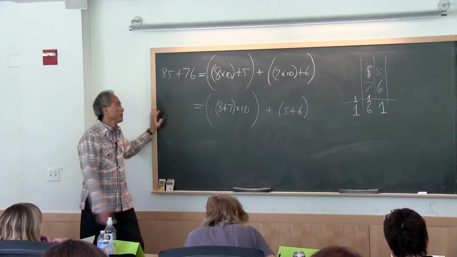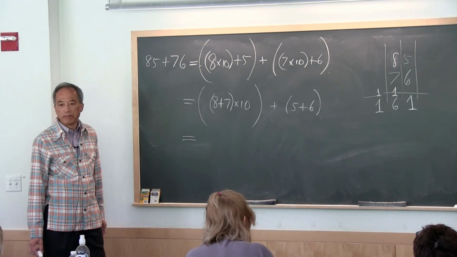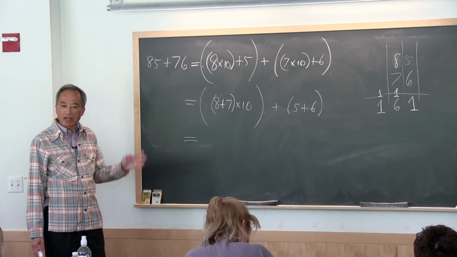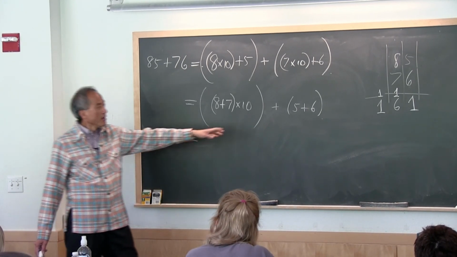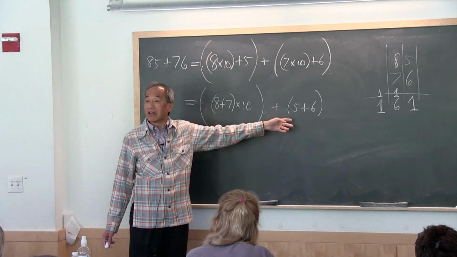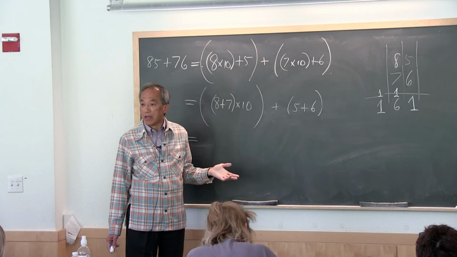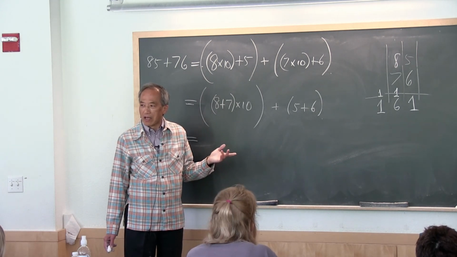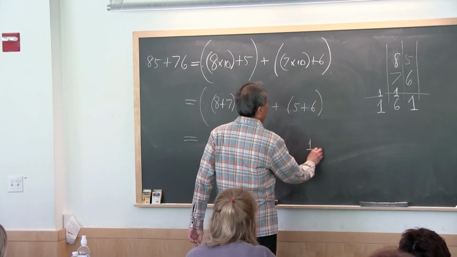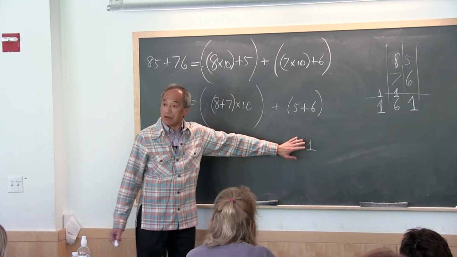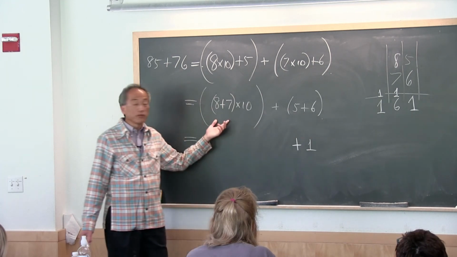Now, again, I hope I can skip some steps because you know this. 5 plus 6 is 11, so 11 is 10 plus 1. But, as I said, among friends, not with enemies, I can afford to say, the 1 is left behind, but let the extra 10 join forces with this group.